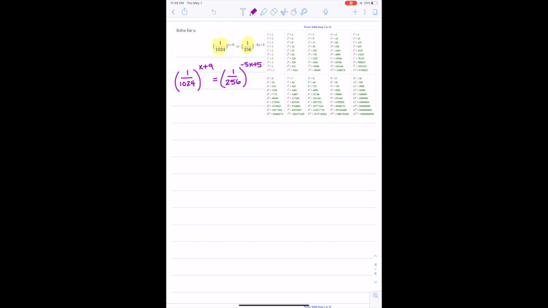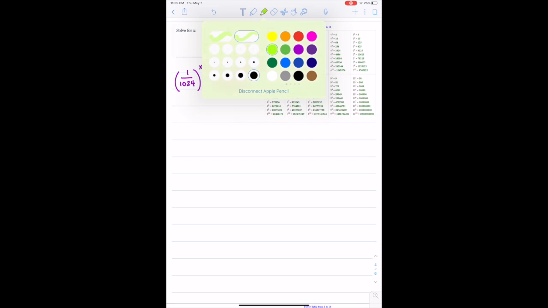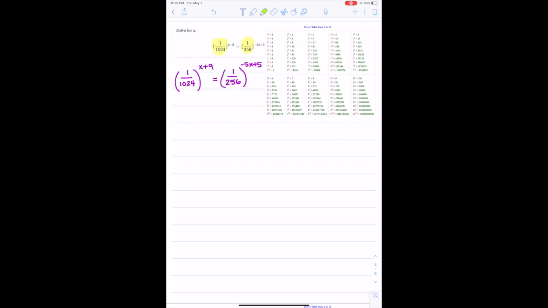So again, if we want to solve an equation like this, we're going to look for common bases. So our table is going to be really helpful here. So I'm going to try to find a column where I see the numbers 1024 and 256. So I'm going through, and obviously that one's all 1.